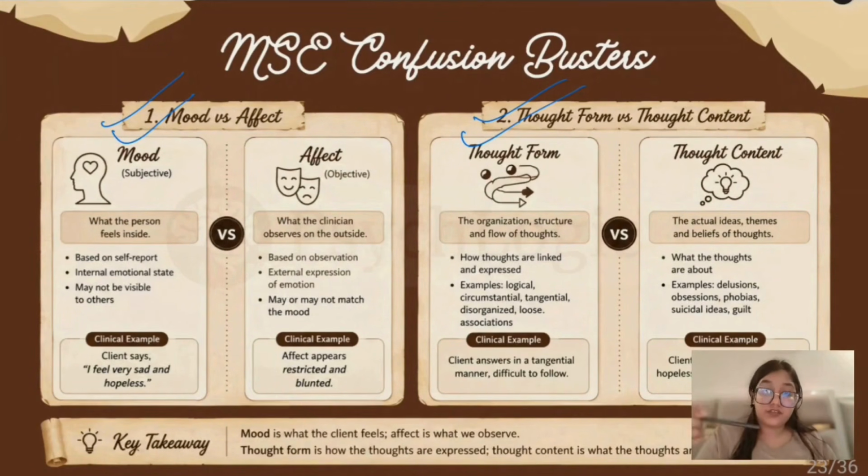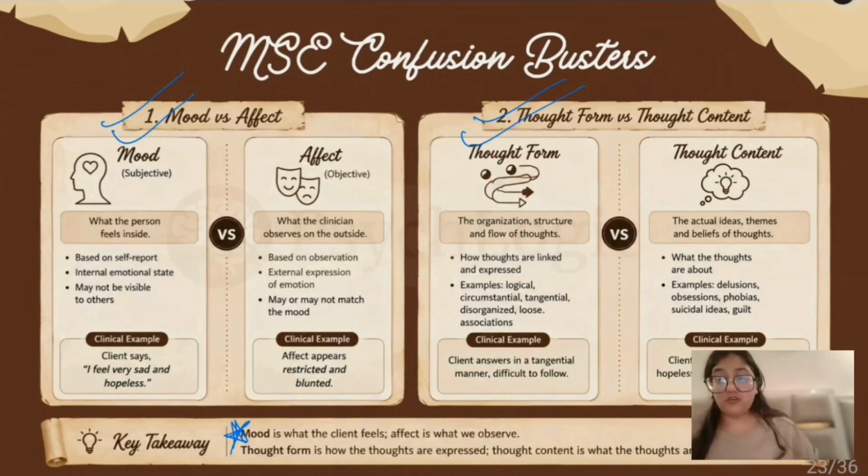It is subjective in nature. Now I say, as a clinical psychologist, that according to my observation, his expression was extremely flat and there was very little emotional expression. What is that? That is affect. That is the observation by the clinician. It is objective in nature. So mood is subjective, it is by the client. Affect is objective and it is by the clinician. Always remember that.